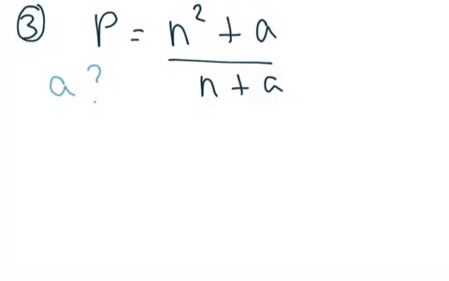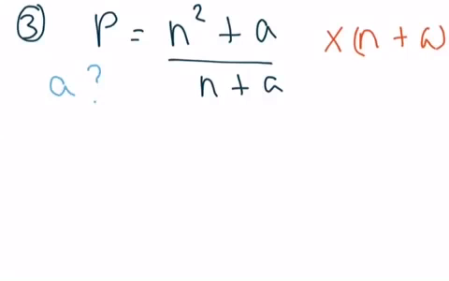Right, okay, so first step then, we've got p on the left hand side, on the right hand side we've got n squared plus a over n plus a. So we want to get rid of this fractional form. So what we can do here is to multiply both sides by n plus a. So if we did the right hand side times the n plus a, we've got to do the same thing to the left hand side.